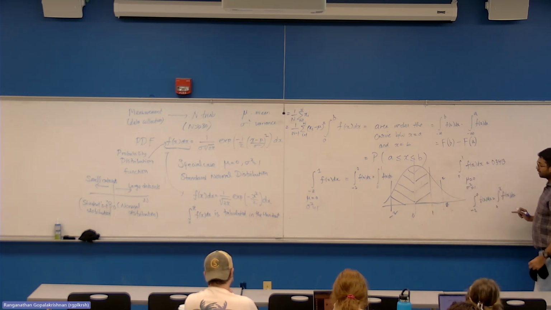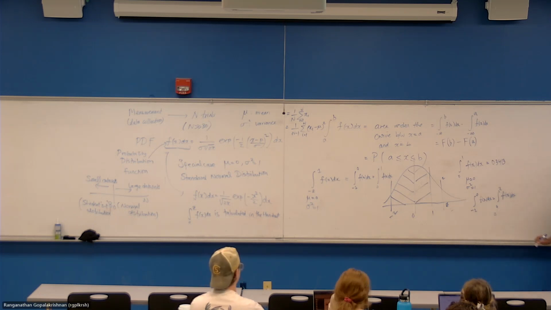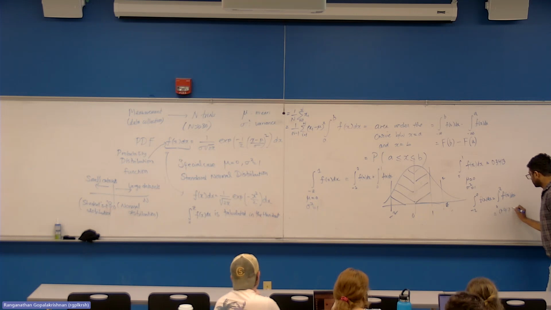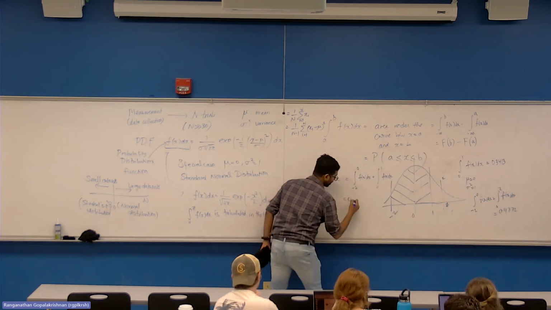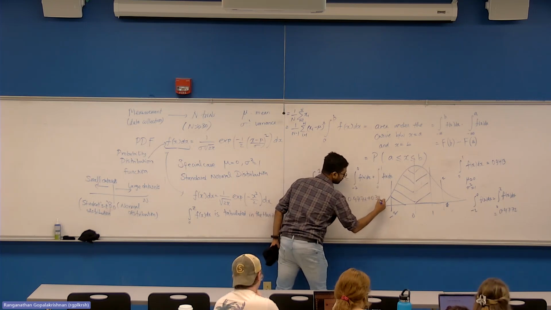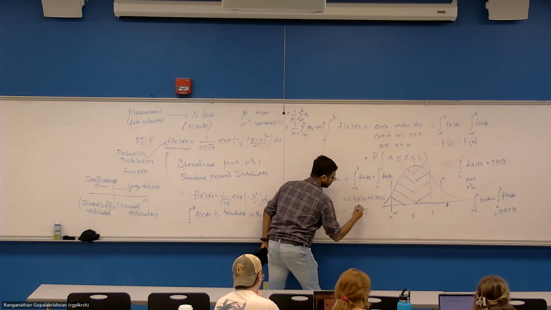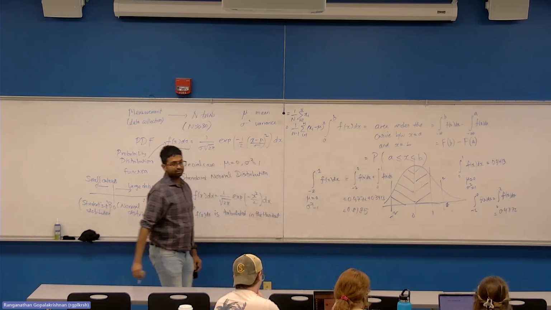If you can look up and tell me, what is it? 0.4772. So -2 to 0 is 0.4772, and then 0 to 1 is 0.3413. 5, 8, 11 carry over 1, 0.8185.